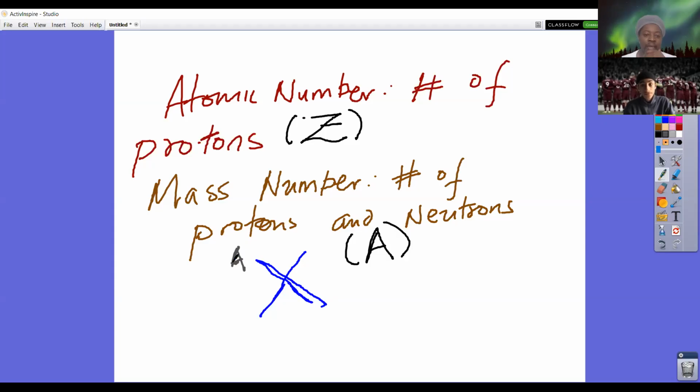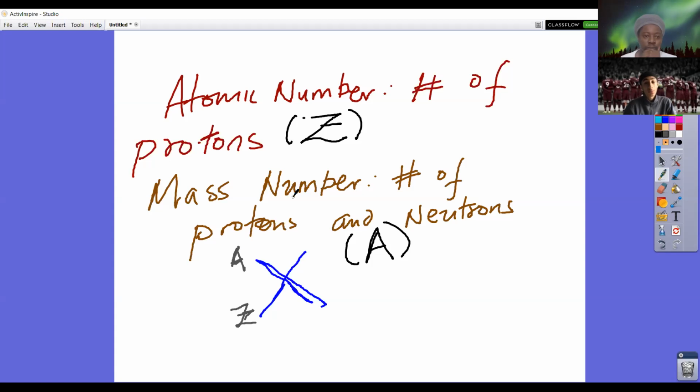You're going to have an A there, and you're going to have a Z there, okay? So the A is simply telling you the number of protons and neutrons. The Z is simply telling you the number of protons. So to find the number of neutrons, what would you do if you were given the mass number and the atomic number?